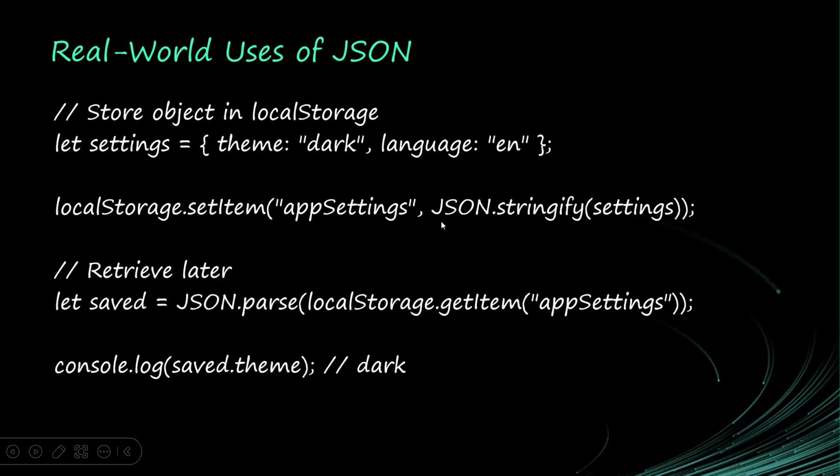In this case, we are converting this object to a JSON using JSON.stringify. When you want to retrieve it, you will use JSON.parse, because when you're getting from the local storage, it's coming back as a JSON string. So you have to convert it to a JSON object.